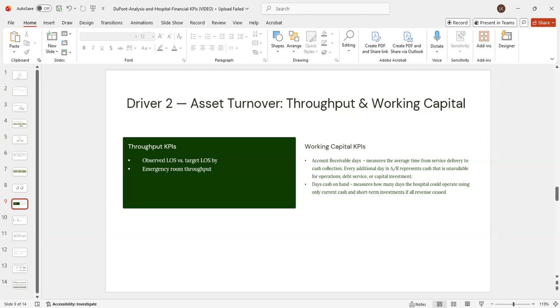But the reality is that even when you're not dealing with extreme situations, cash on hand is very helpful for operational stability, because hospitals rely on cash reserves to cover immediate and surprising expenses. For instance, a sudden spike in needed medical supplies, meeting payroll, and even unexpected operational disruptions.